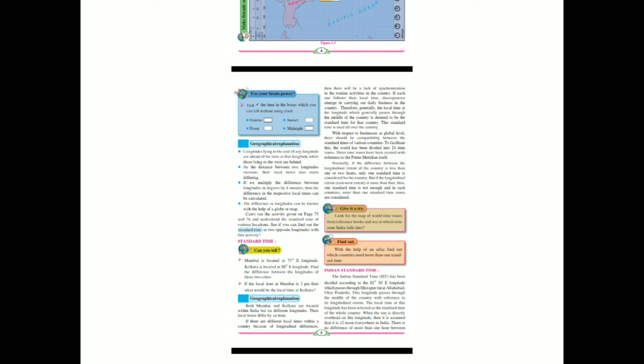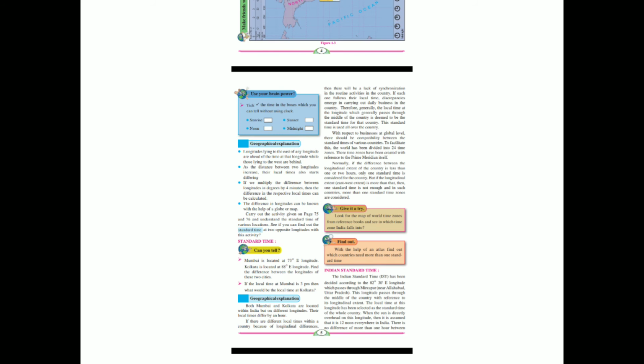Now next, longitudes lying to the east of a longitude are ahead in time and longitudes lying to the west are behind. From the two examples we see that longitudes to the east are ahead and longitudes to the west are behind.